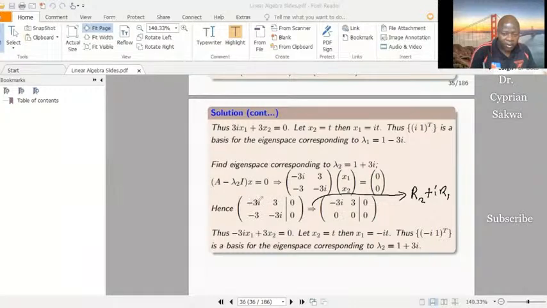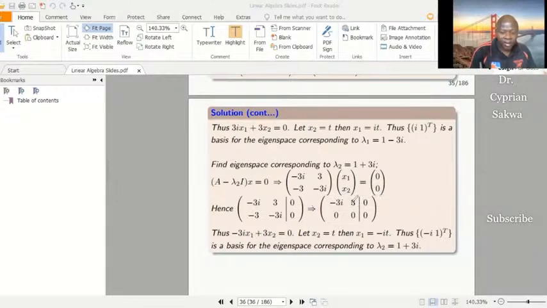Negative times this negative 3 will be positive. So when I add positive 3 minus 3, I get 0. And then this times i will be 3i. Add to this 0. So that's how I got 0, 0.